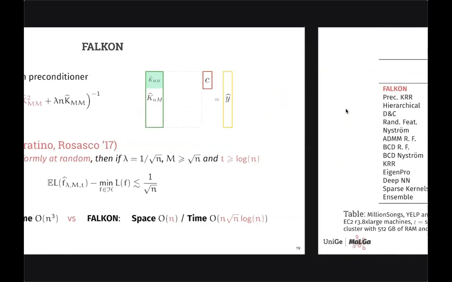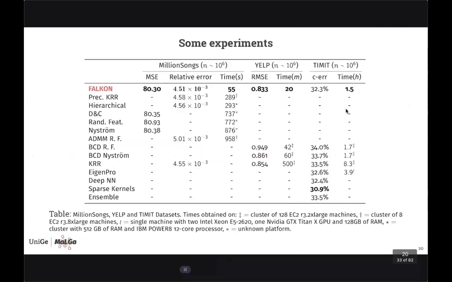Just to conclude, you can implement this and you obtain solvers for kernel methods that scale to millions of points, okay? They run on a single GPU machine and they can run in seconds, just by essentially projecting. In this table that I'm going to share with you, we compared with all the algorithms that we found that were tried on this dataset, which has 1 million or more points, okay?